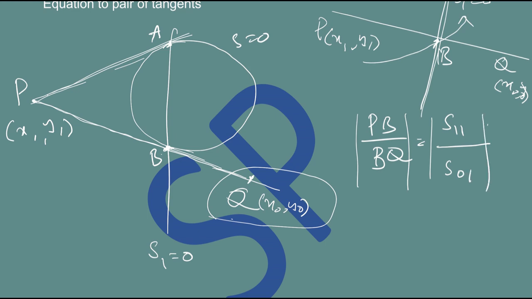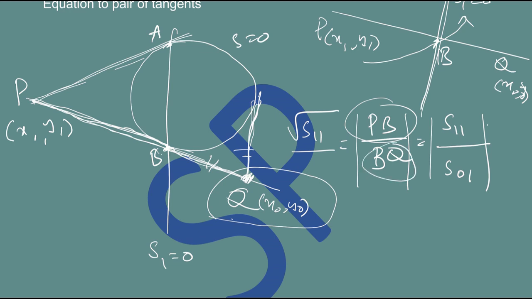Now observe that PB is nothing but the length of the tangent from P, and BQ is also the length of the tangent from Q. If I draw this, you can easily see that QB is the length of the tangent from Q. We have the formula for the length of the tangent: for PB it is root S11, and here we have root S00.